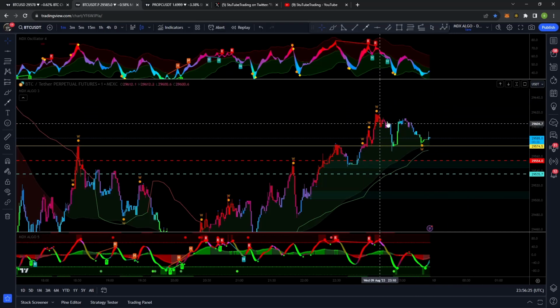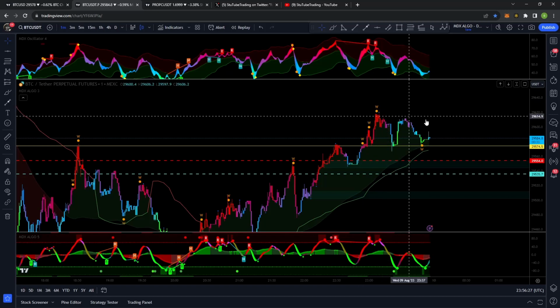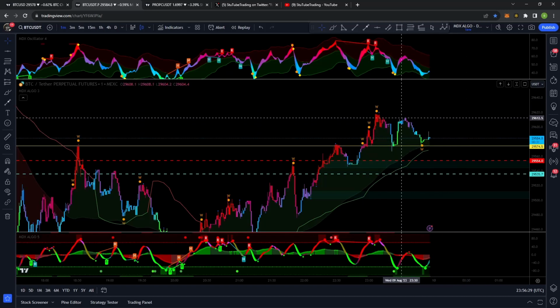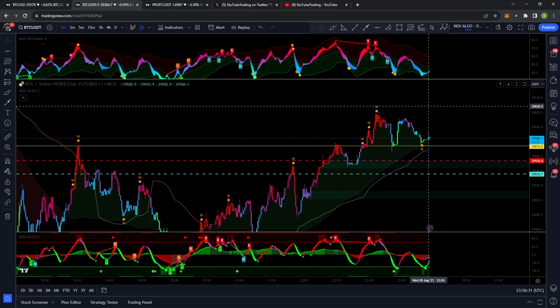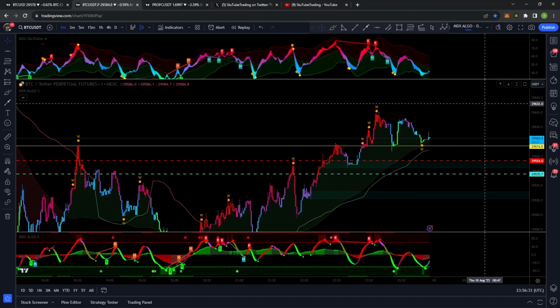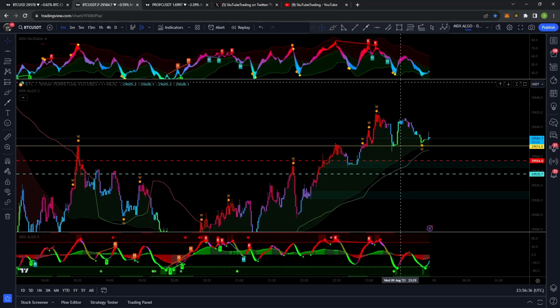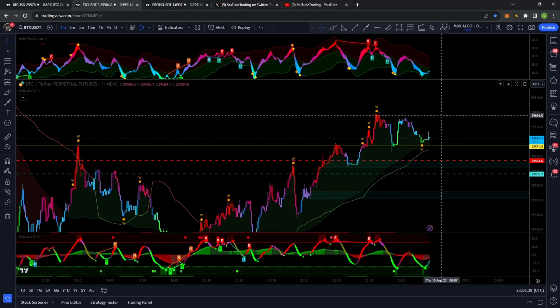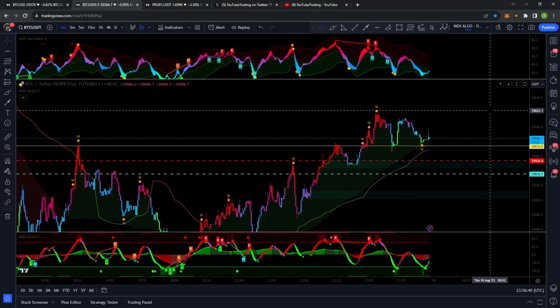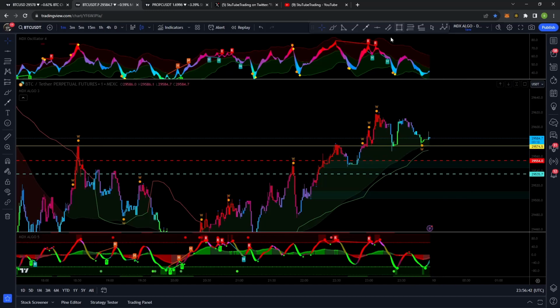Because quite often, and not always, sometimes you get the fake outs where the directions do change like that, but quite often it's a warning of an actual shift in trend. And if I see that, I would like to just minimize my risk. Just make sure I lock something in, basically. Same with on the other end.